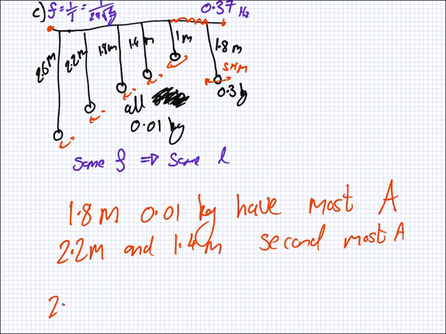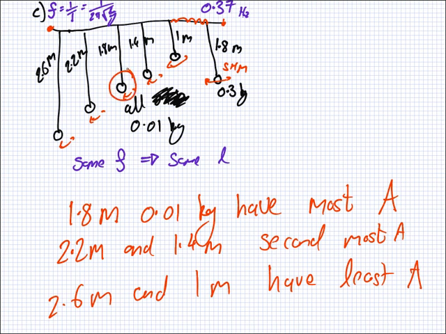And then the 2.6 meters and the 1 meter would have the least amplitude. So when you picture all of these swinging, this one will swing the most. Then these two will swing not as much. And then these will swing a little bit.